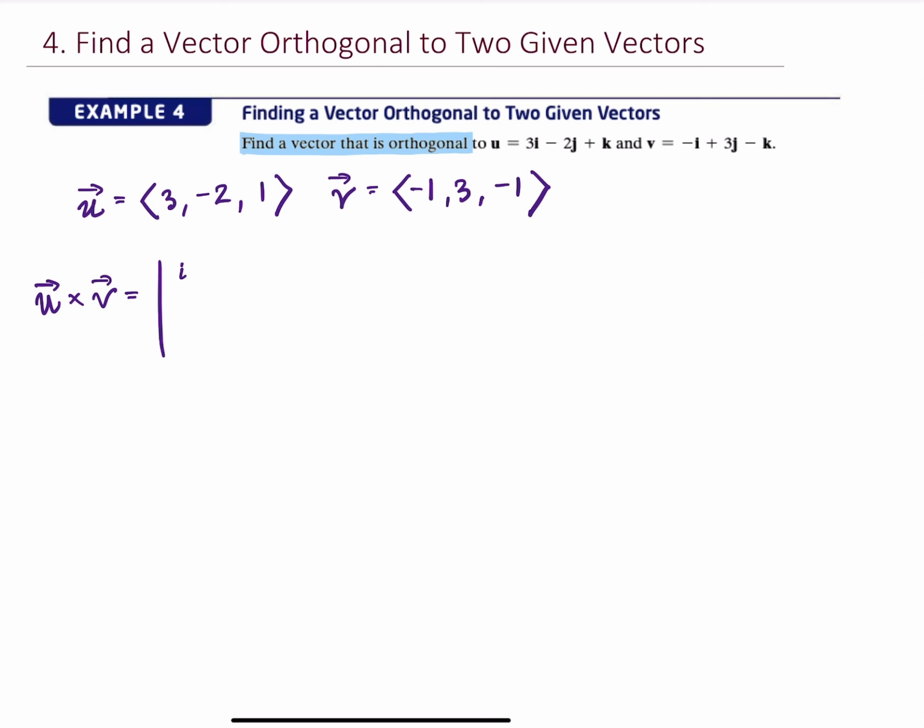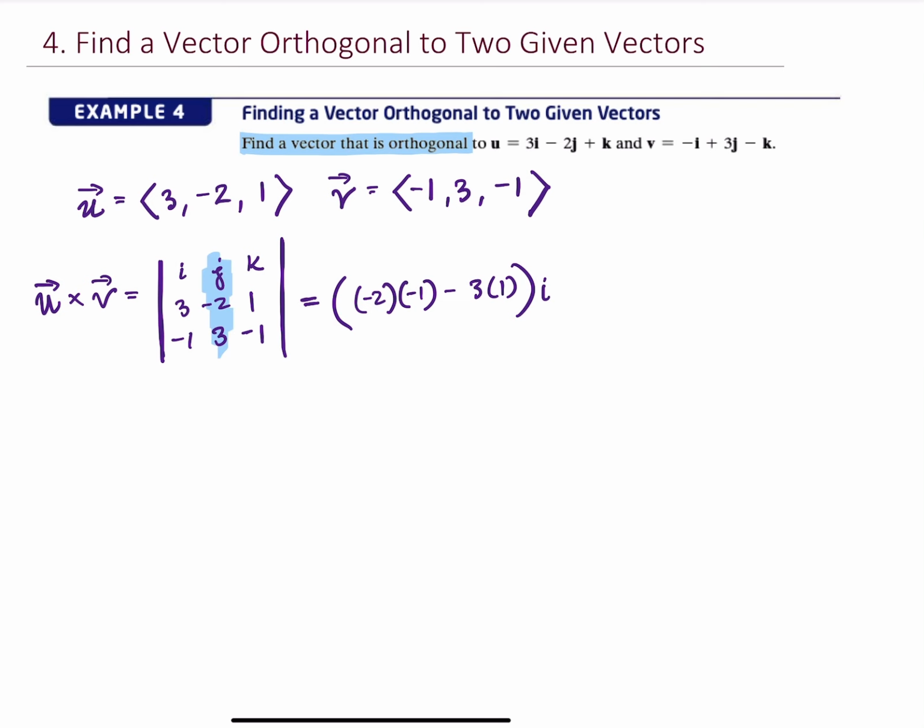We'll use the matrix technique, so we'll have i j k, then our first vector 3, negative 2, 1, then our second vector negative 1, 3, negative 1. So our first term, covering up the first column, we should have negative 2 times negative 1 minus 3 times positive 1, i.